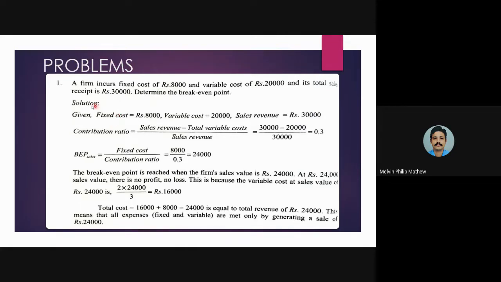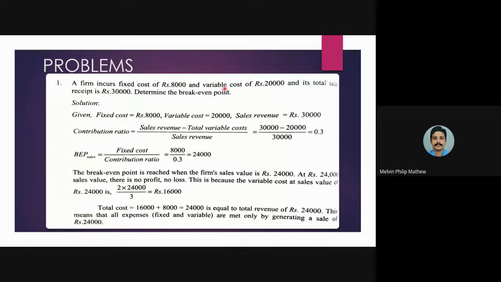So write down the solution. Given: write downwards, okay? Don't write it like this. Fixed cost, in the bracket capital F, is equal to rupees 8,000.